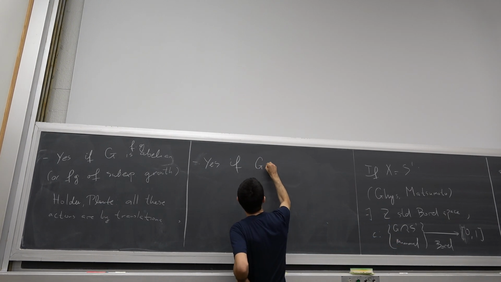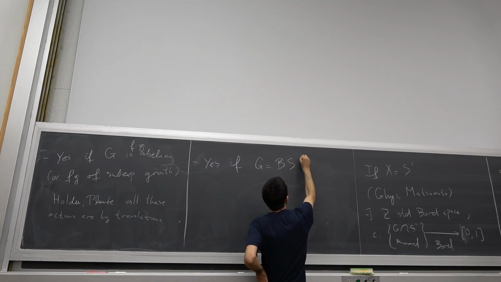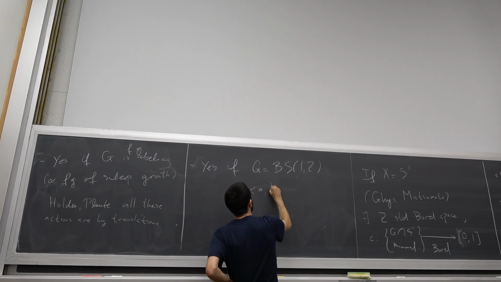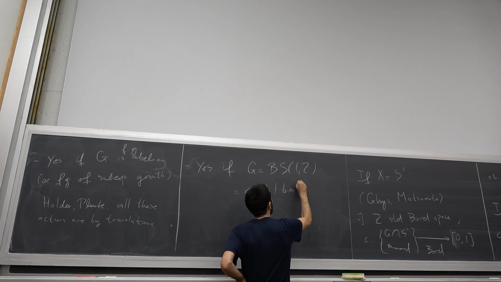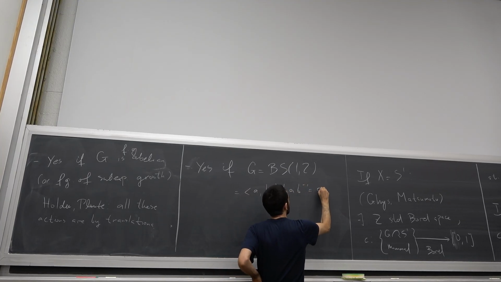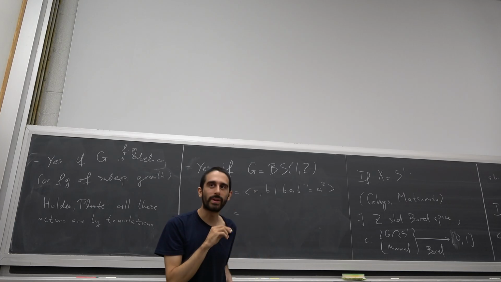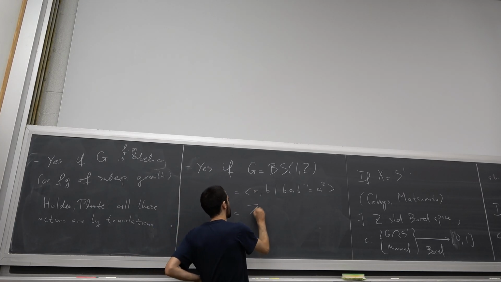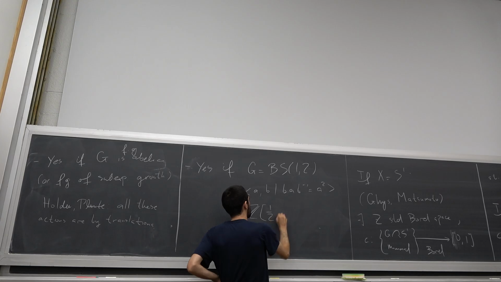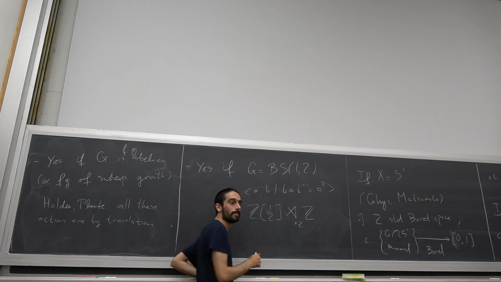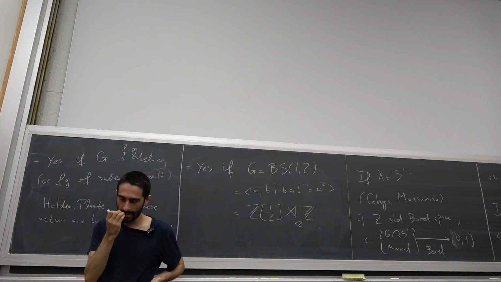We'll take a group that's called the Baumslag-Solitar group, which is the group with this presentation. More concretely, you can realize it as dyadic rationals semi-direct Z, where you're multiplying by 2. This is the action.